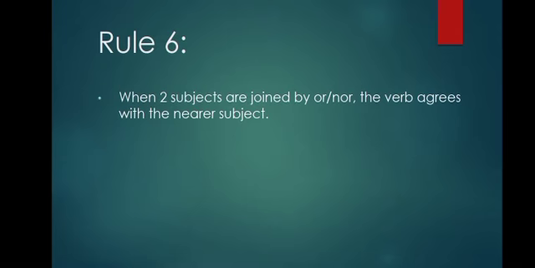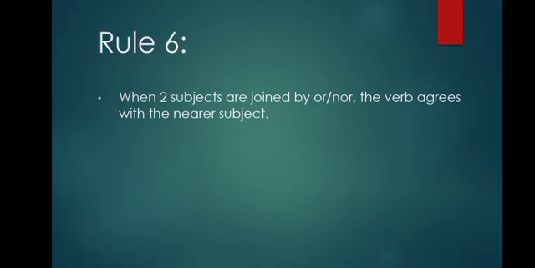Okay, let's now proceed to the sixth rule. When two subjects are joined by or and nor, the verb agrees with the nearer subject. So if there are two subjects in a sentence and they are joined by or and nor, the nearest subject from the verb must always agree with it.